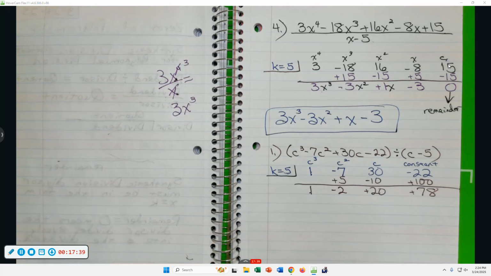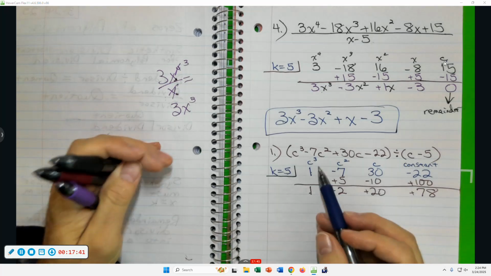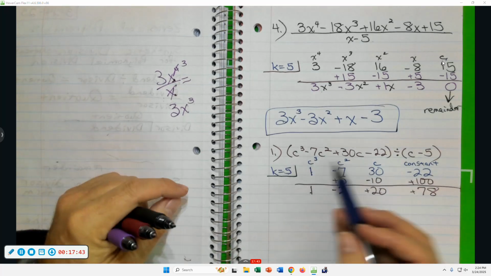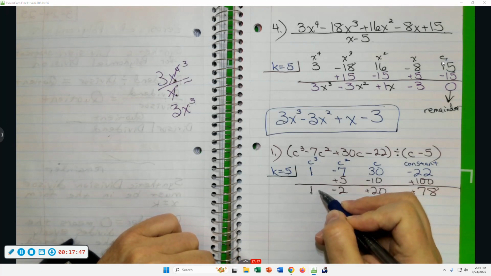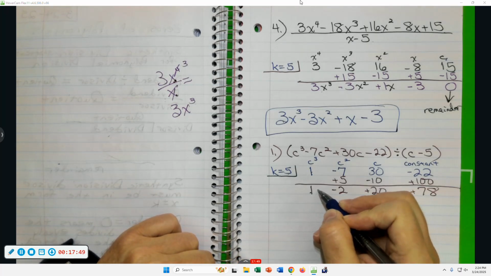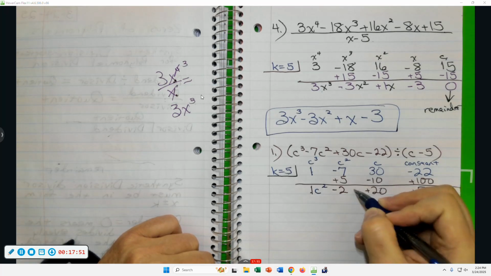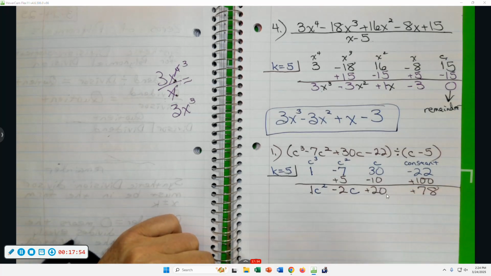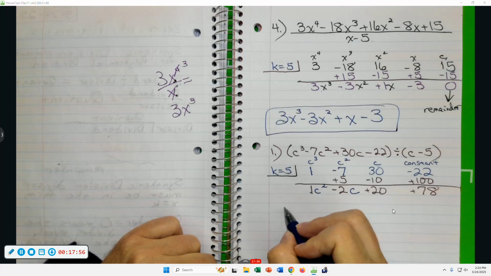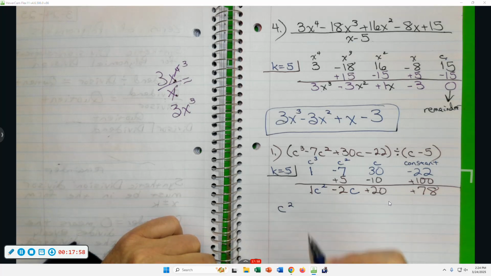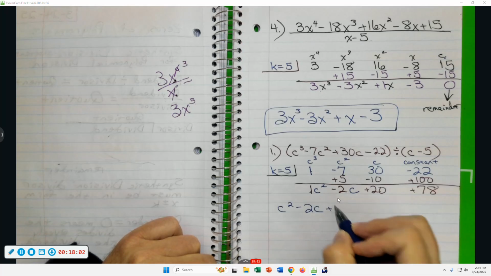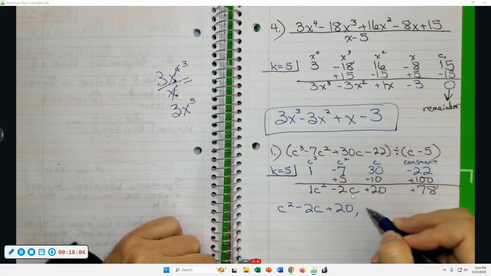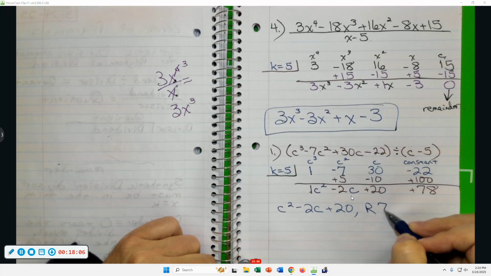Okay, what's the variable parts for our quotient? We started with the x cubed. We divided it by x. So the leading variable part is x squared, and then x and my constant. So we could say our quotient is 1x squared minus 2x plus 20 with the remainder of 78.